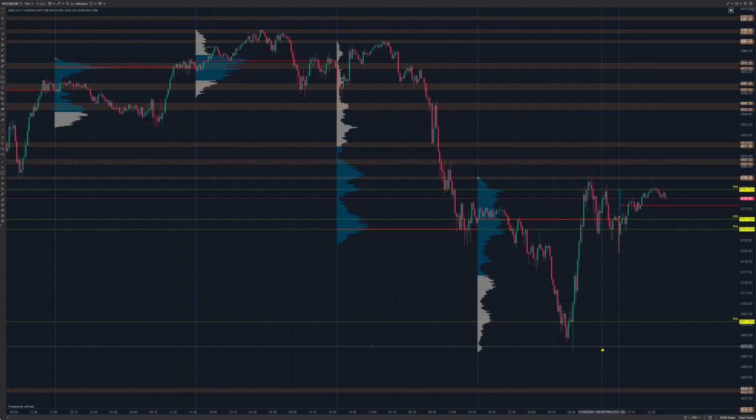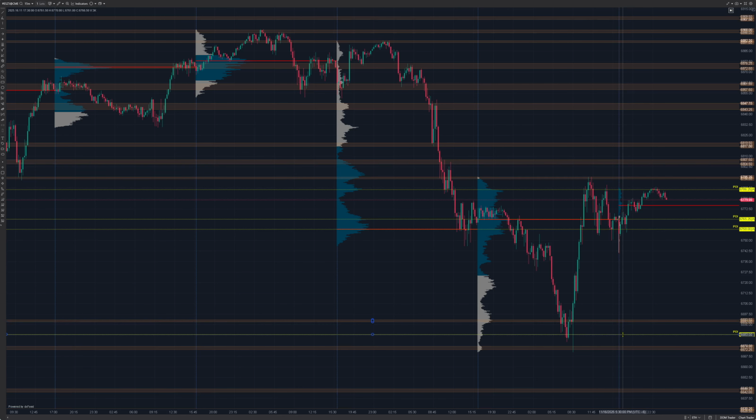This one here looks really interesting, the market could react again. And here as well, this is the area where the day finished.